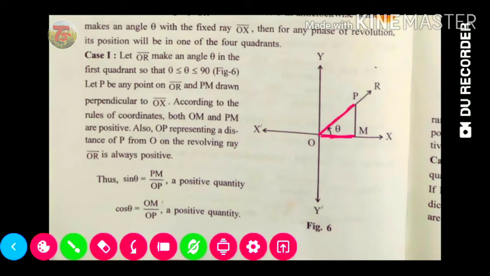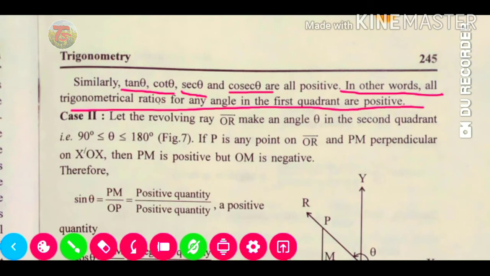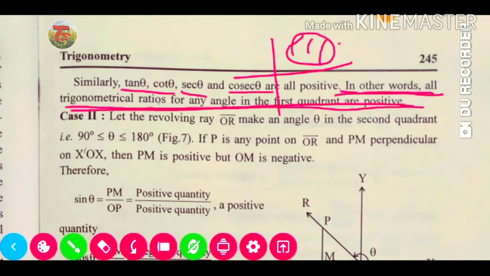Both are positive, so this quantity will be positive. Similarly, tan theta, cot theta, sec theta, cosec theta are all positive. In other words, all the trigonometric ratios in the first quadrant are positive.